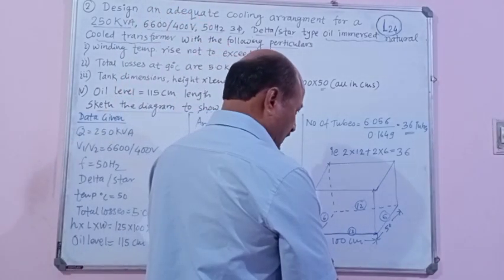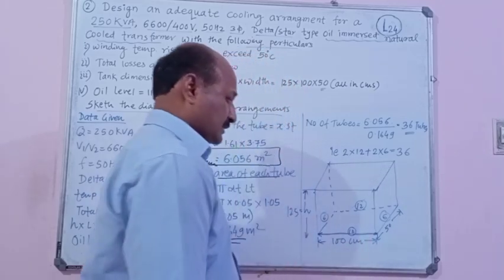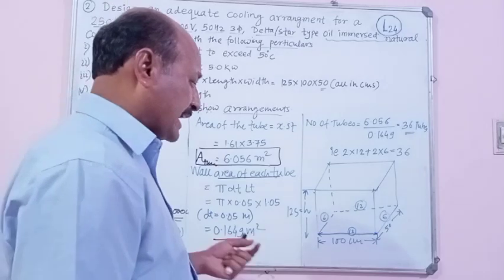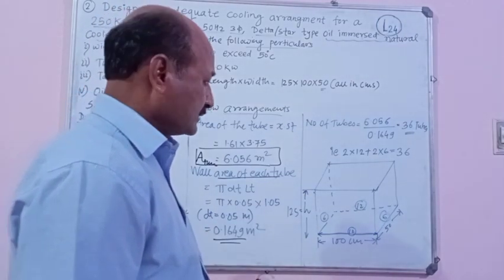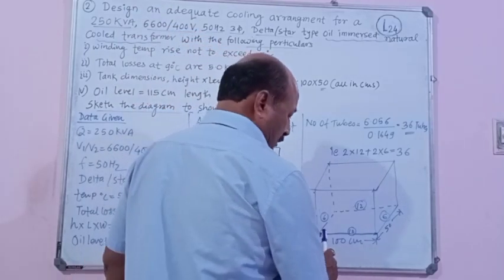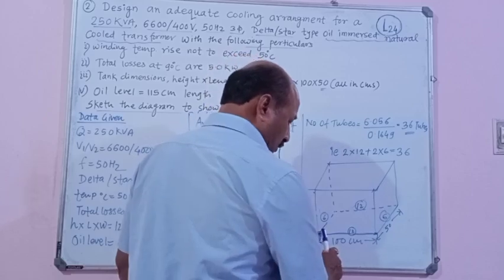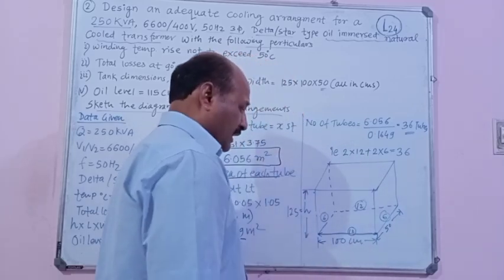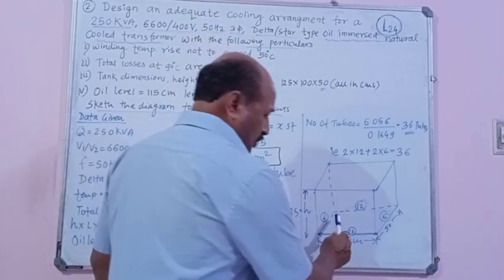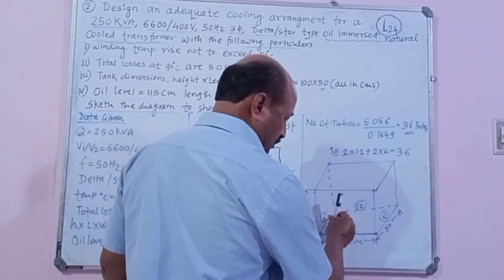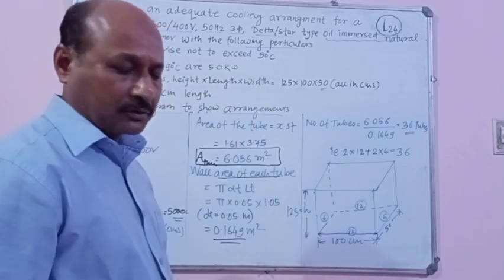If you put 12 tubes along the 100 centimeter, having a gap of less than 9 centimeter, means what? 12 multiplied by 9, that is 96 centimeter. So you will get 12 tubes on this face, then 12 tubes on the other face. So 12 and 12 becomes 24.